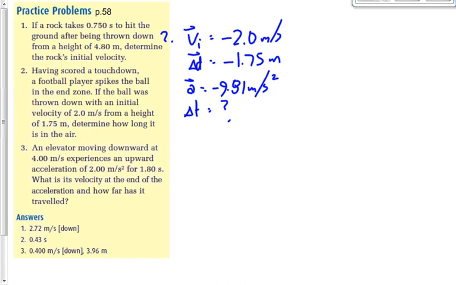Now, I would bet anything that what most of you tried to do is this equation, d is equal to vit plus 1/2 at squared. How many people tried this? That's right. That's a correct equation. The only problem here is that we're solving for t, and that's a pain in the butt to solve for.